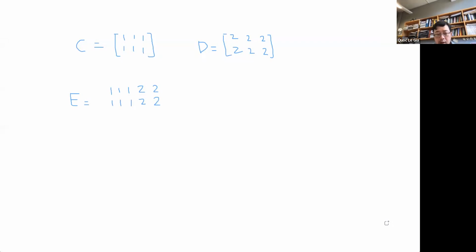So C, D, 1, 2, 1, 2, 1, 2, 5, 4, 1, 4. Okay, so the matrix E is defined like this. Yeah, so you can see in the chat box.